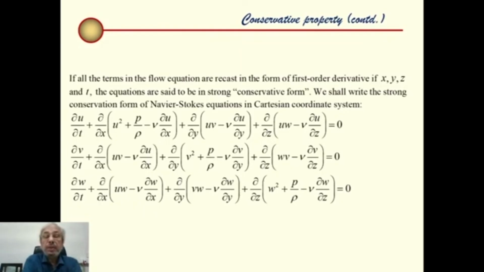Strong conservative form is not a mandatory requirement. Because of ease of formulation, at times the strong conservative form is preferred. In quite a few well-known algorithms, the equations are discretized in strong conservative form.